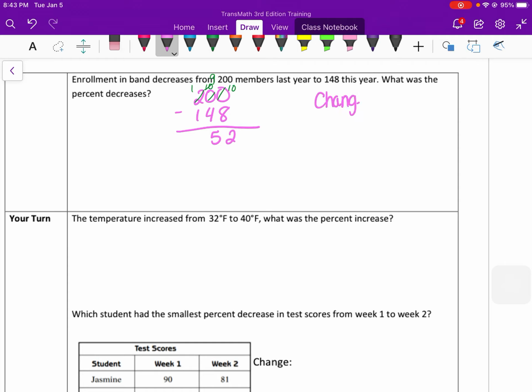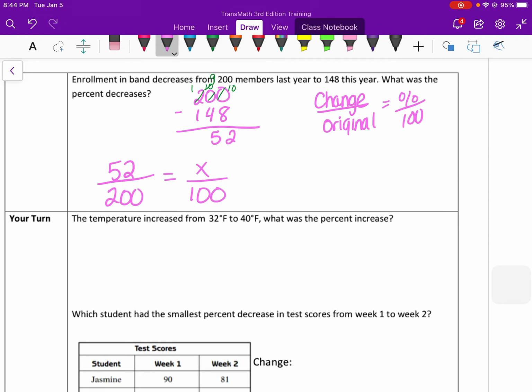Then we're going to want to set it up as change over original, and that would equal the percent over 100. So the change is 52. The original amount was 200 members. What percent was that out of 100?